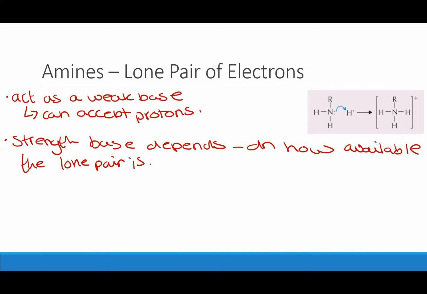The more available the lone pair is, the more likely the amine is to accept a proton, and the stronger the base it will be. How is a lone pair of electrons more available? Well, it will be more available if electron density is higher. So availability increases as electron density increases.